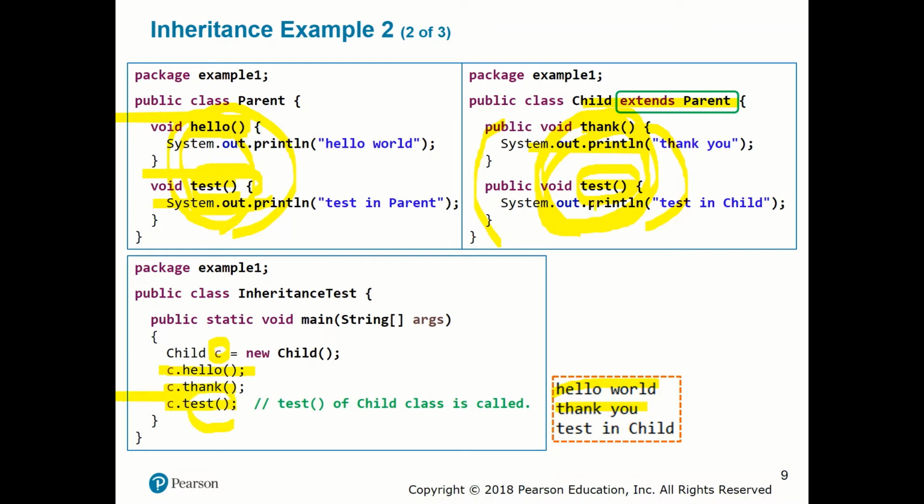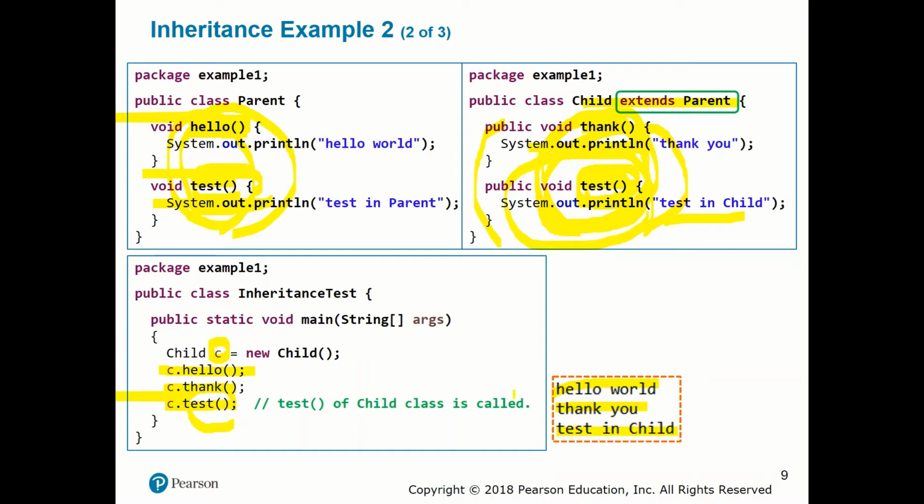This time, test is in the child class, right? So even if there is a test method in the parent class, since test method is in the child class, this test method is executed. So test in child is printed out.